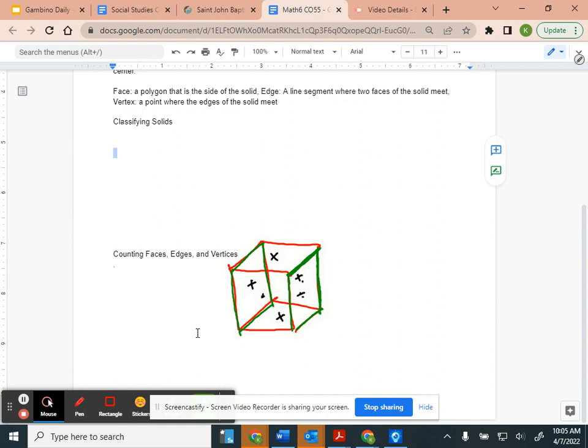Do I have some more edges? Yes. How many more edges, Regan? 4. Yeah, so 9, 10, 11, 12. So there are 12 edges. We had 8 faces, 12 edges.